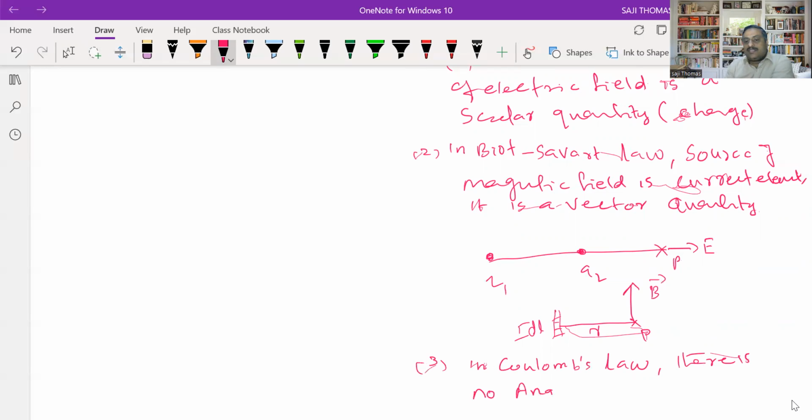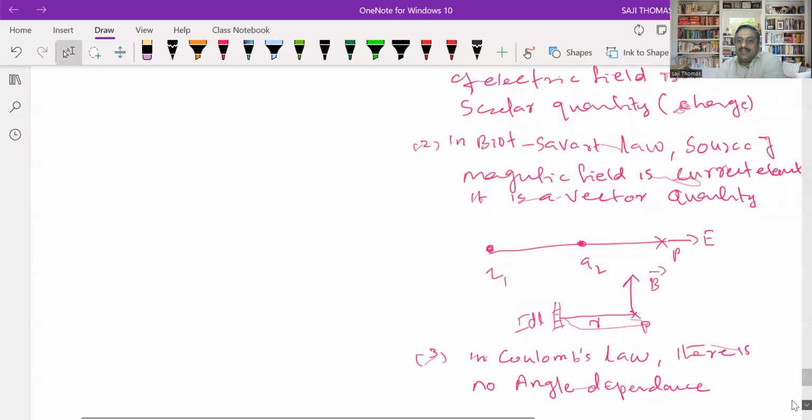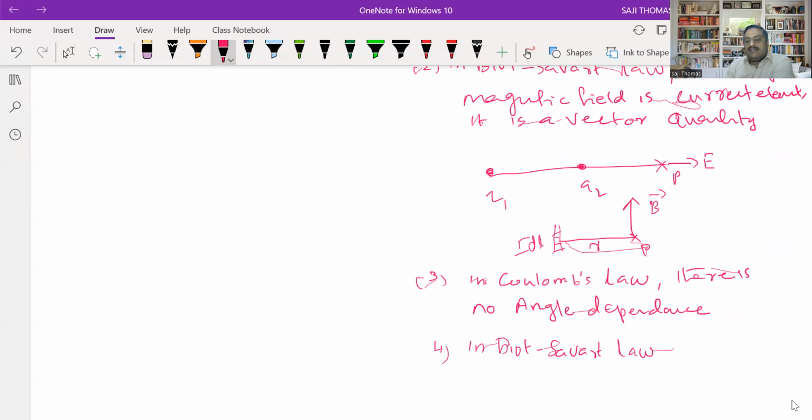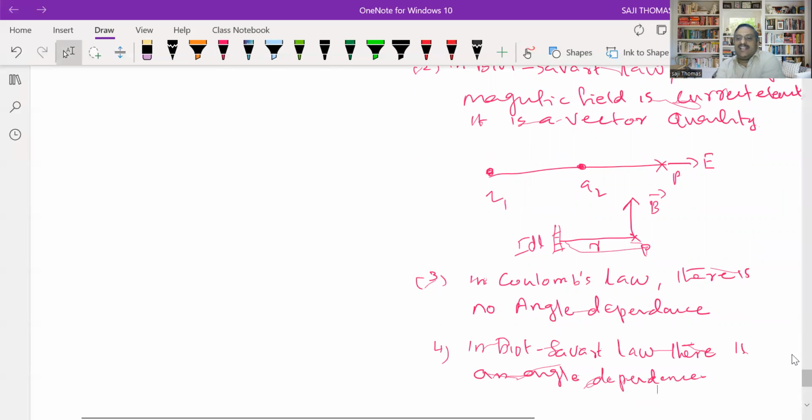But in the Biot-Savart law, there is an angle dependence.